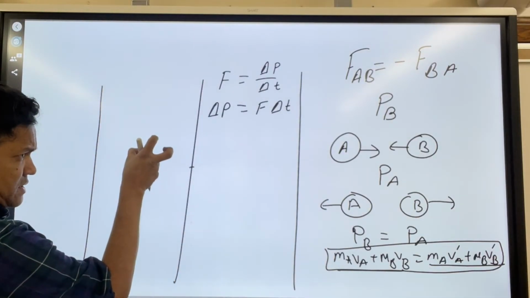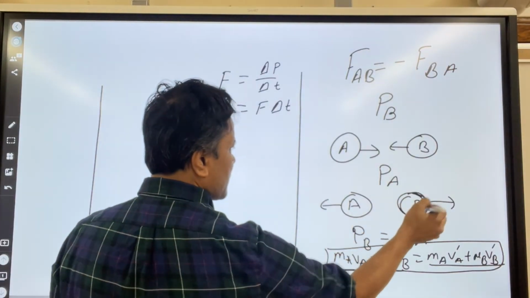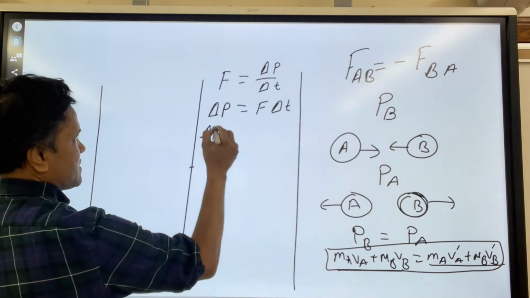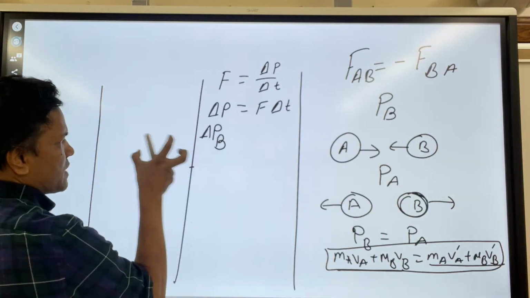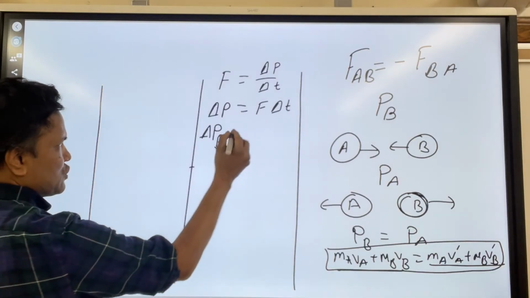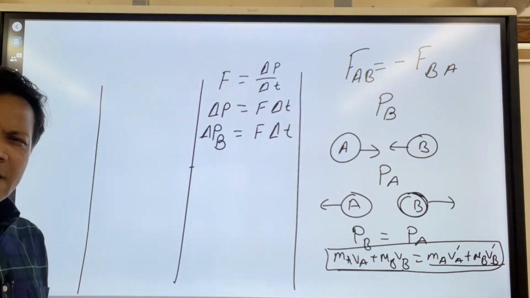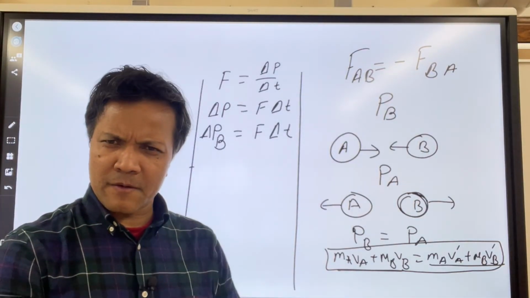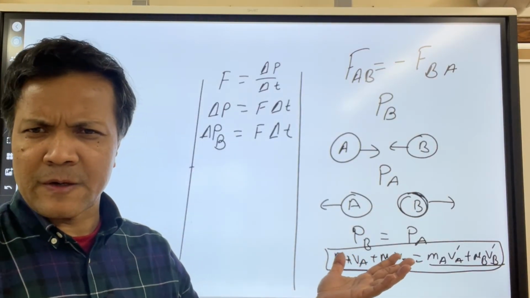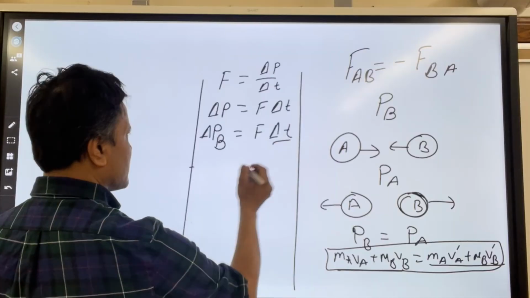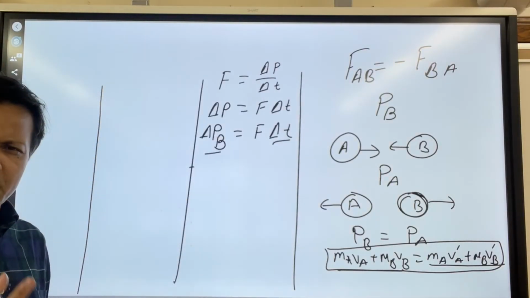Okay, so what is delta P? What is the momentum on ball B? All right, so the change in momentum of ball B happened due to a net force, right? Due to a net force acting over some period of time, right? That's why change of momentum happened on ball B, right?